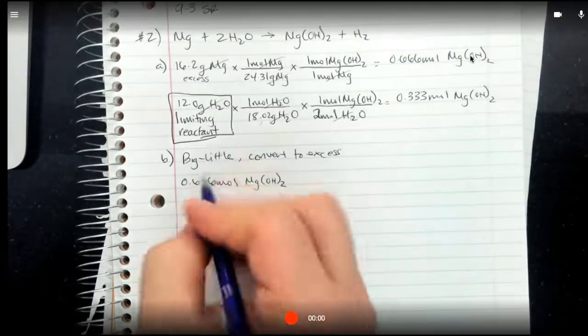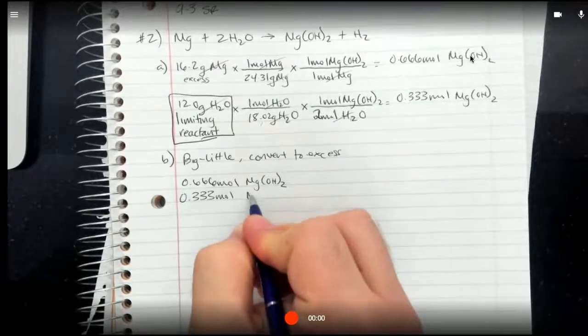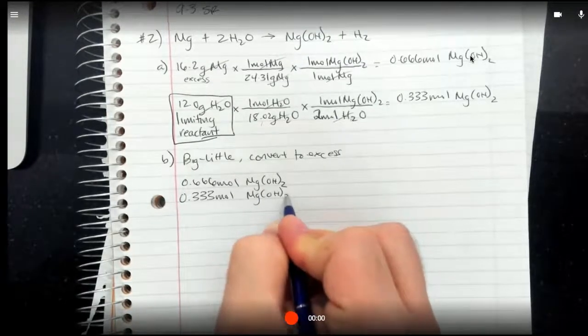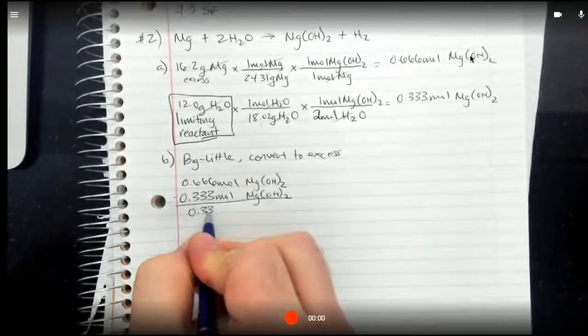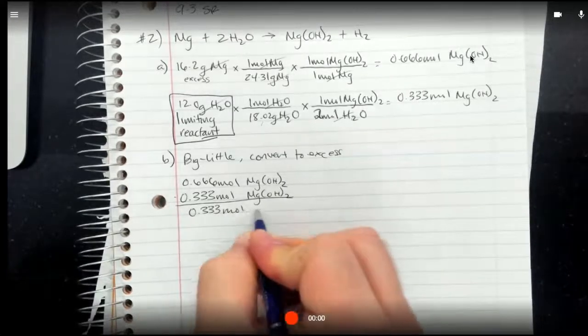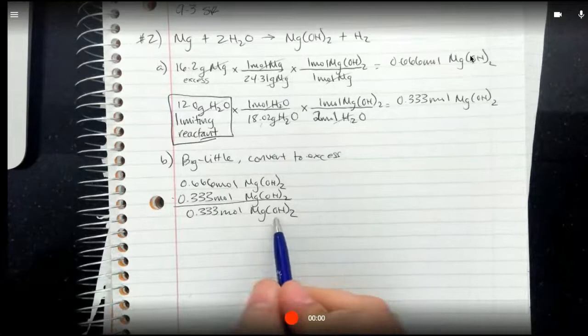Little, the smaller value, 0.333 moles of magnesium hydroxide. Subtract those two, and we get 0.333 moles of magnesium hydroxide. But magnesium hydroxide, that's a product. We want to know excess reactant.